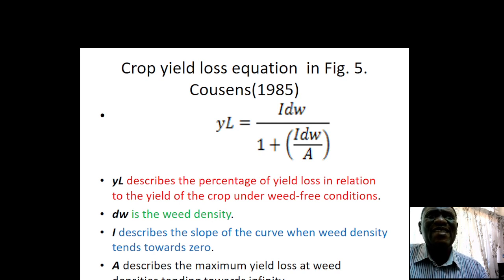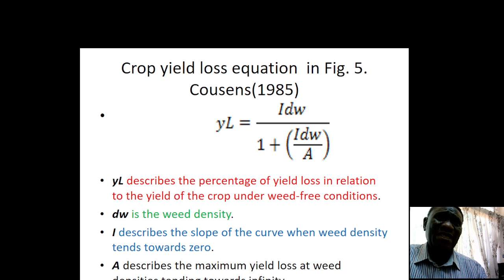What it means is that we are assuming that weeds and crops are germinating at the same time. If the weeds and the crop are germinating at the same time, then that equation becomes useful.